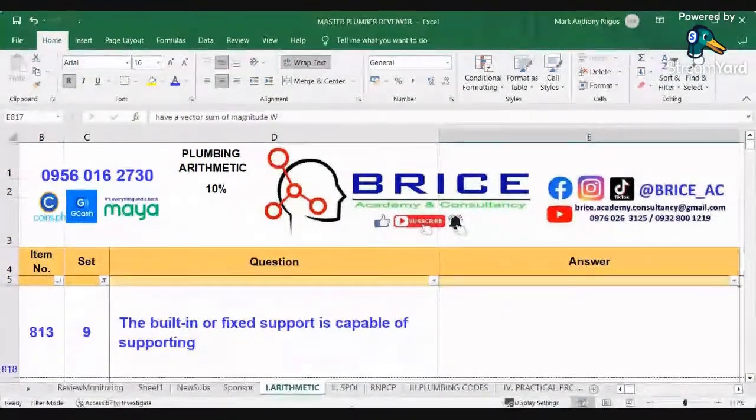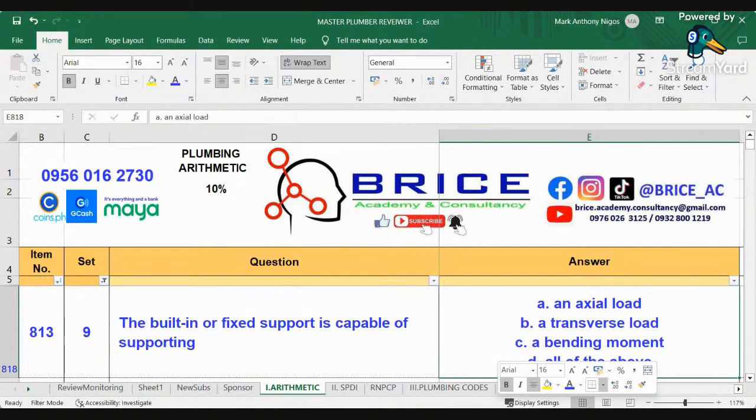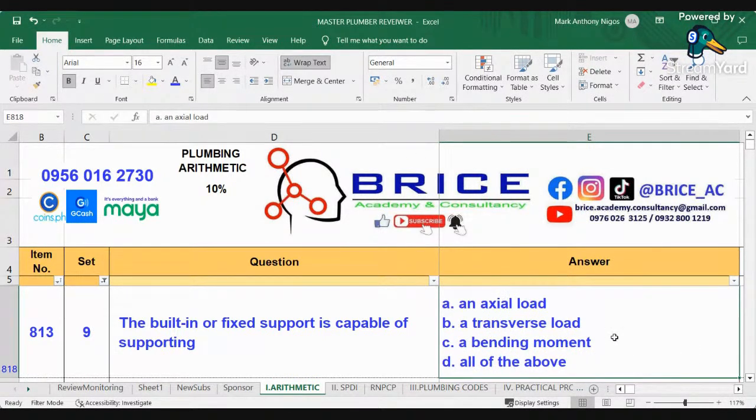813. The built-in or fixed support is capable of supporting what? The answer is all of the above. An axial load, a transverse load, a bending moment.